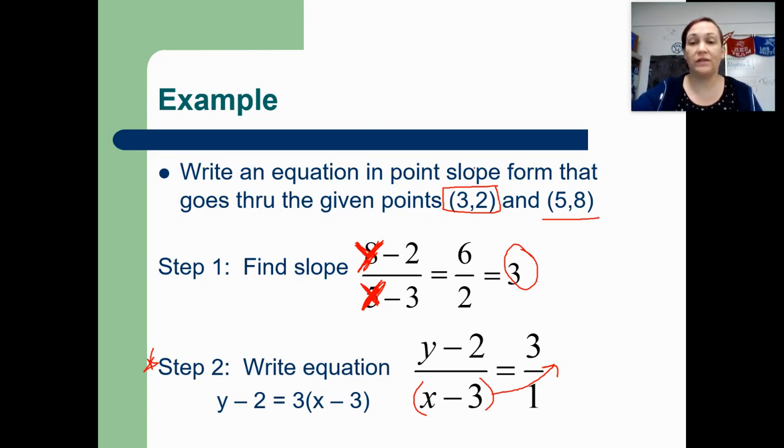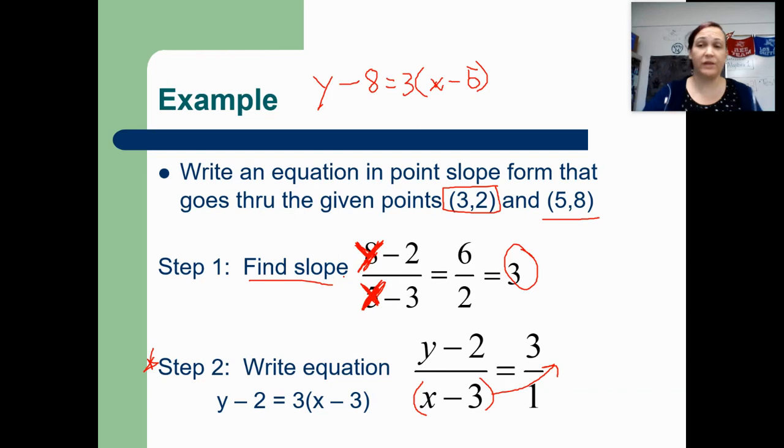And so if you had used that ordered pair instead, your final answer would be y minus 8 equals 3 parentheses x minus 5. It doesn't matter which ordered pair you use. You get to pick whichever one you want. I usually just pick the first one because that's how I set it up in my slope formula right here. But it doesn't matter which ordered pair you use.